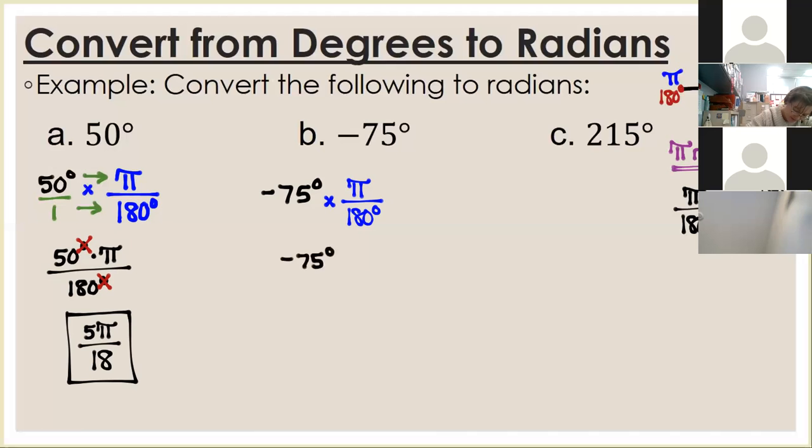So I'll have negative 75 degrees times pi in my numerator and 180 degrees in my denominator. Degrees on top, degrees on bottom, that's going to cancel out. And how will this fraction reduce? Five pi over 12. Yes.